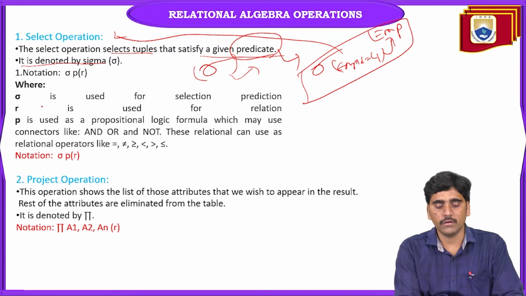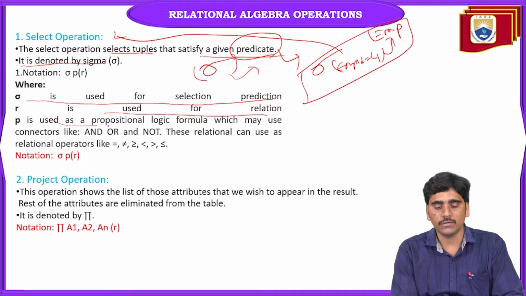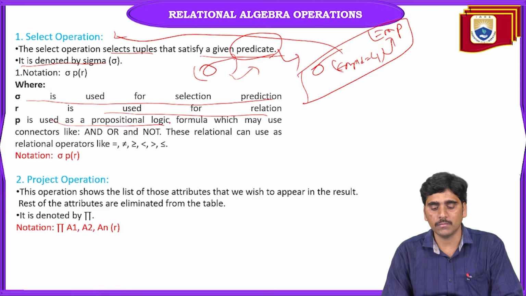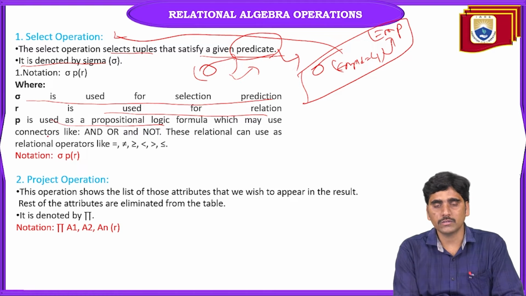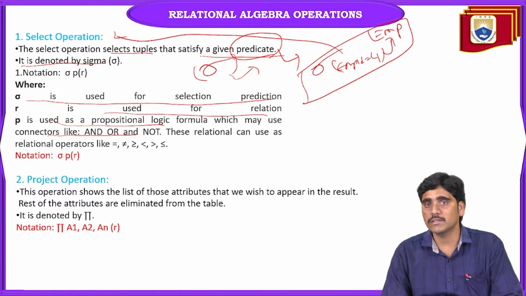So we'll elaborate this. Sigma is used for selection, predicate is used for the relation, and P is used as propositional logic formula which may use connectors like and, or, not. You can use these and, or, not as logical connectives. If you want to apply conditions, you can do it without using and or operators.